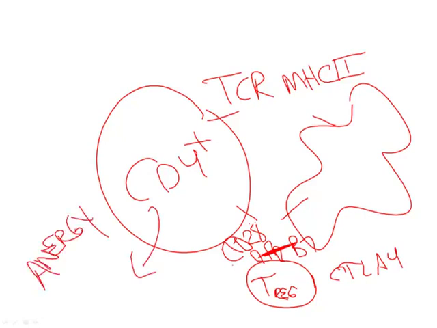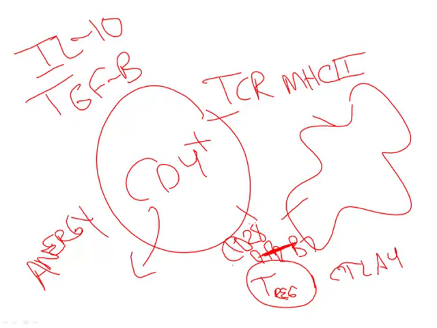Another way by which the regulatory T cells can inhibit immune responses is by secreting cytokines. So two cytokines that they secrete are, number one, IL-10, and number two, TGF-beta. IL-10 is important because it inhibits macrophages and dendritic cells. In particular, it inhibits or limits the expression of MHC class II.